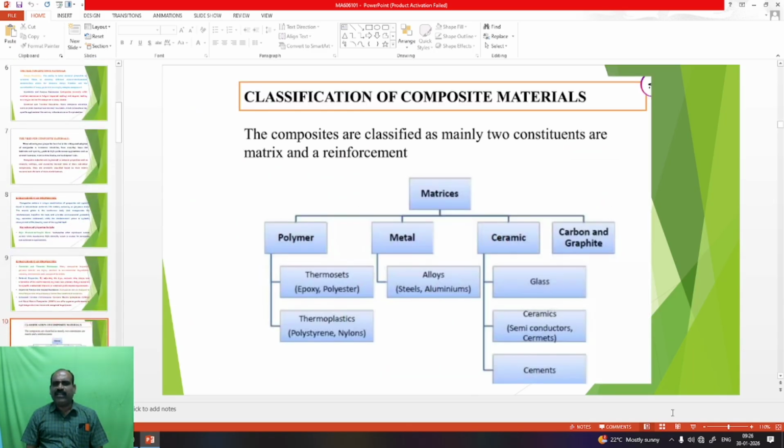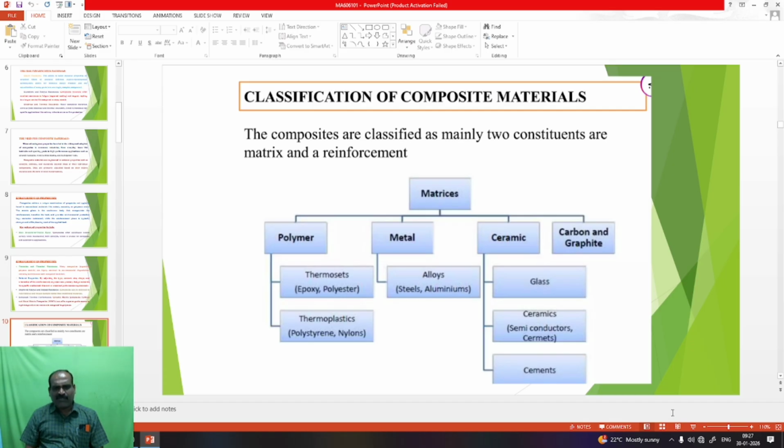Now we are going to see the classification of composite materials. These composite materials are classified by two constituents, that means matrix and reinforcement. So matrices are polymer matrices, metal matrices, ceramic matrices, and carbon and graphite matrices. These polymer matrices can be classified again into two types: one is thermosets and another is thermoplastics.